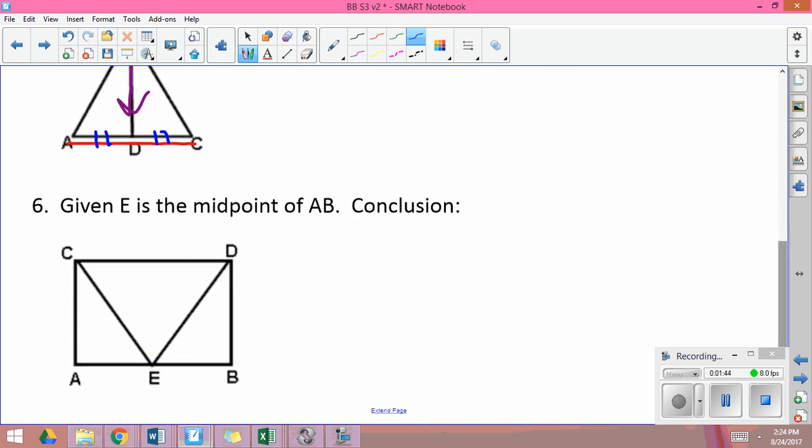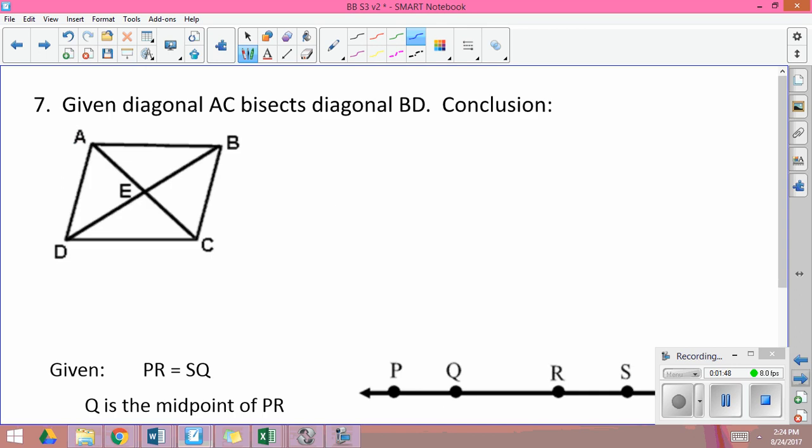Down here, number 7, given diagonal AC bisects diagonal BD. Not that they bisect each other. AC is going to do the cutting on BD. So A to C is going to cut BD.